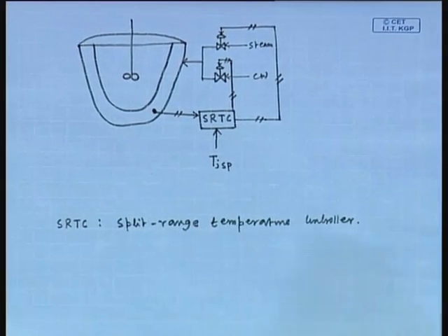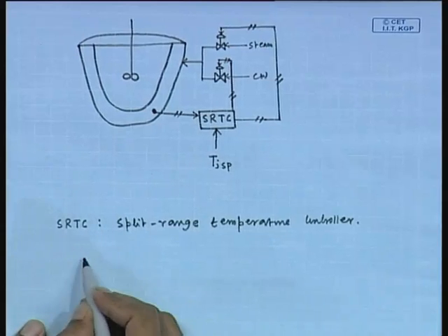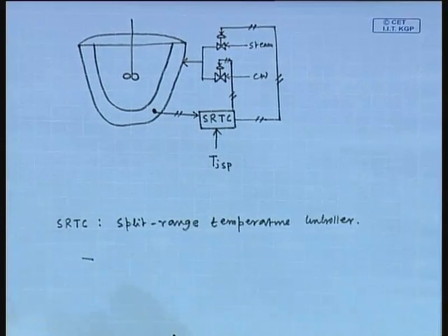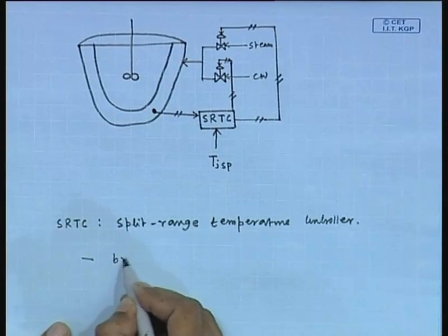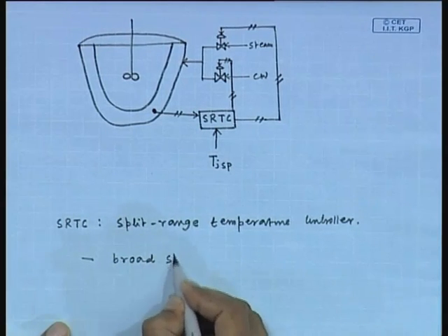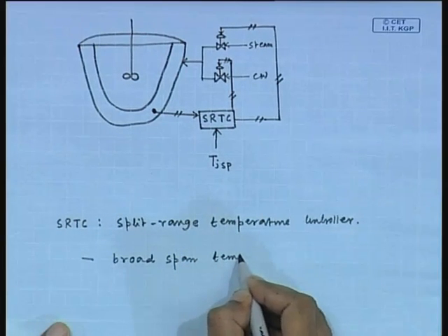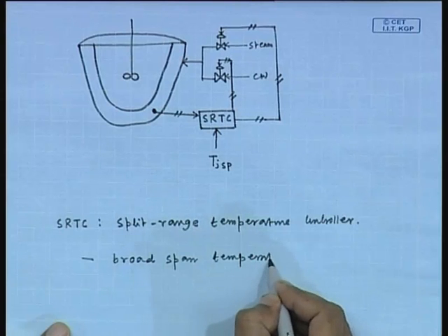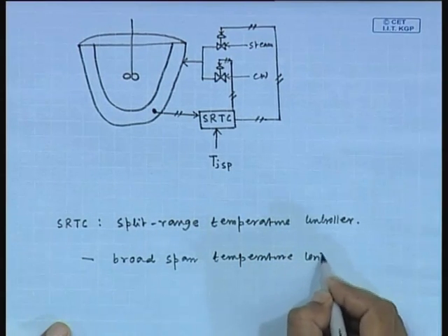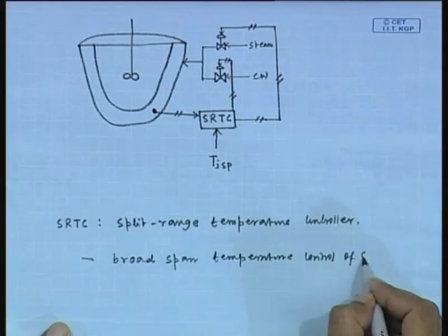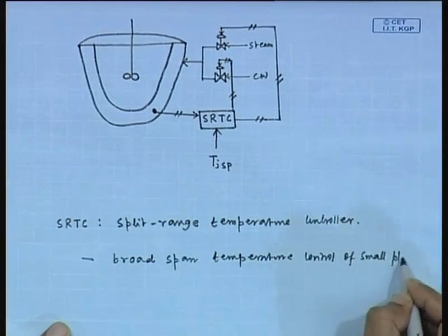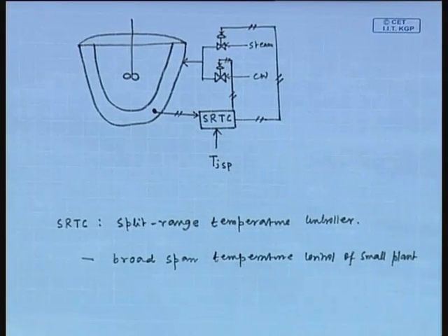Fine. So, this is the split range controller and this controller is used for broad span temperature control of small plant or pilot scale plant.